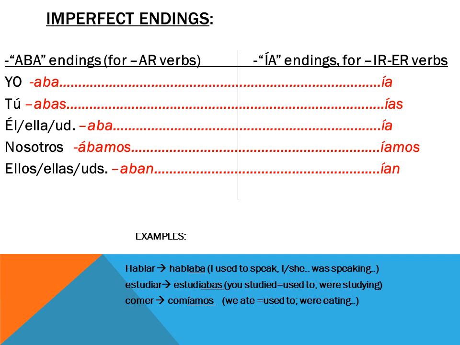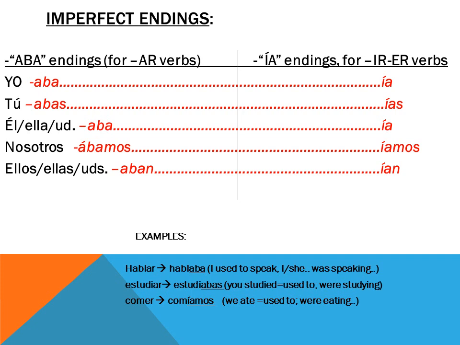So we have examples at the bottom of the screen. We have hablar, to speak again. So hablaba, aba is imperfect ending, so something like used to. So that could be translated as I used to speak, or I was speaking, or she was speaking. Estudiabas, the second example, is you, my friend. You used to study or you were studying. It's not a particular that you studied for 1 hour and it's over.